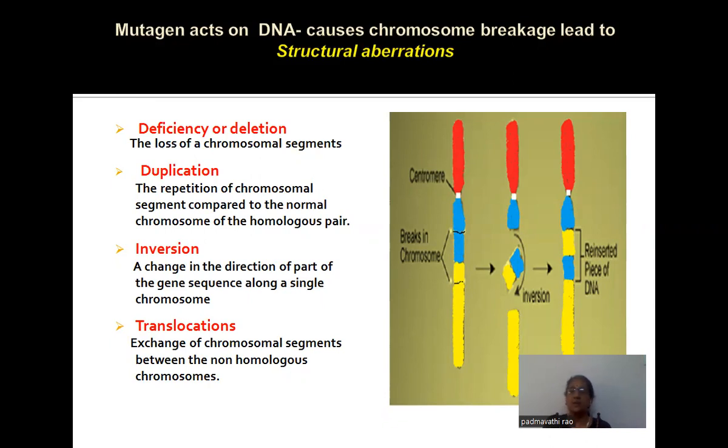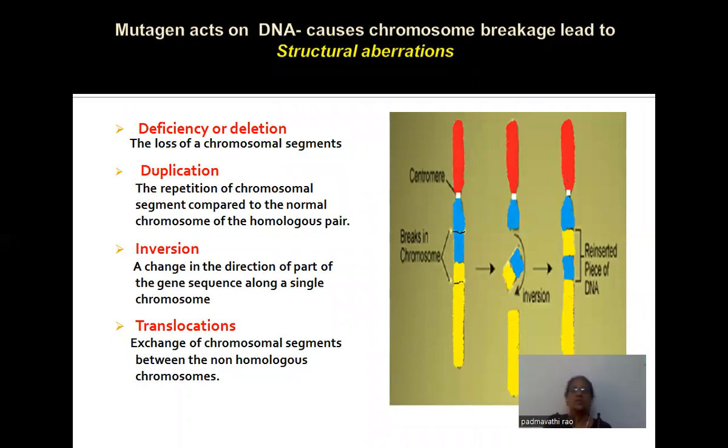As a result, the chromosome size may change. Sometimes the sequence of genes is also changed because of reunion in the inversions. In all these cases, the mutagenic agent acts on DNA or at the chromosomal level and is responsible for the breaking of the chromosome. So as a result, structural aberrations take place.